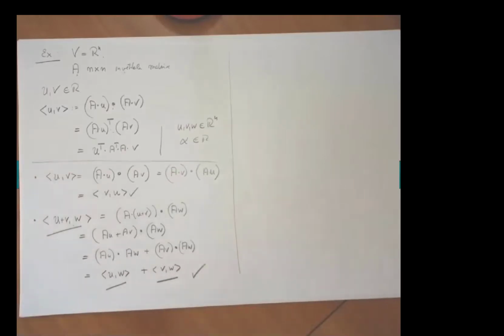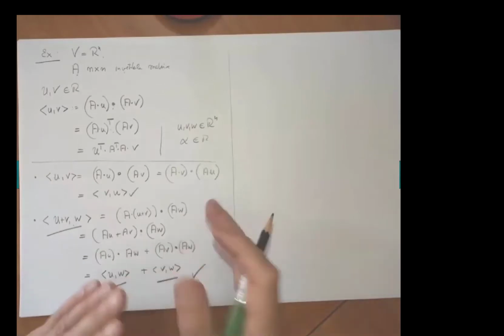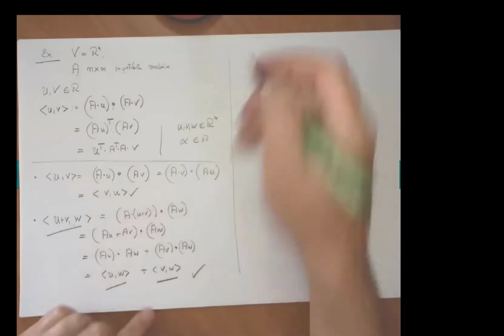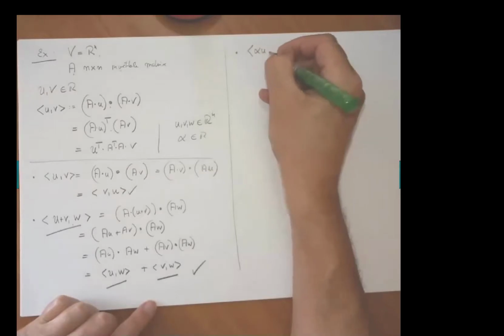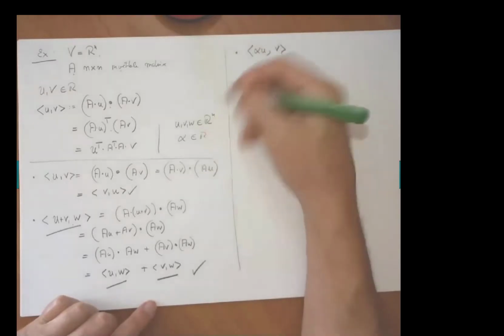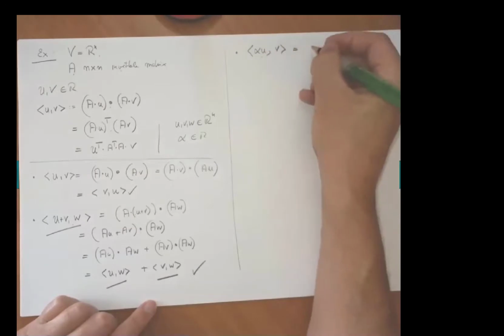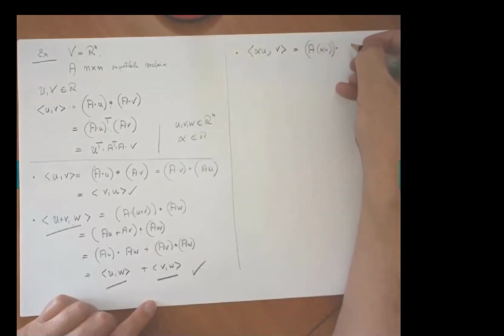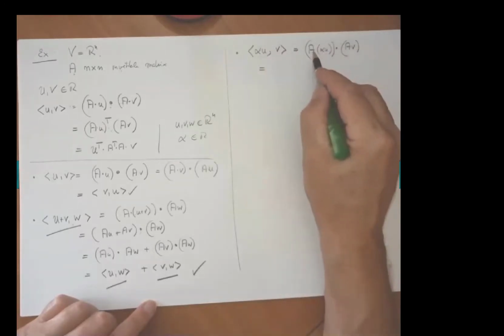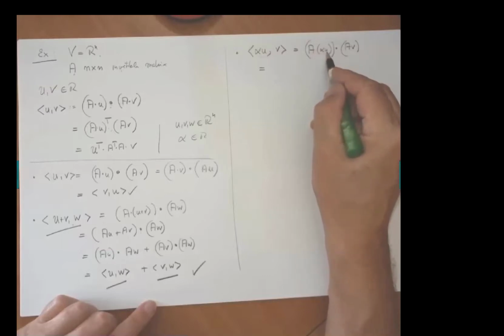So the second property of an inner product is also satisfied because of the properties of the corresponding dot product. Next property is alpha u comma v, alpha a real number, u and v are vectors. According to our definition, this is A alpha u dot product alpha v. Now we use the property of matrix multiplication, a number times a matrix, also this matrix times a vector.